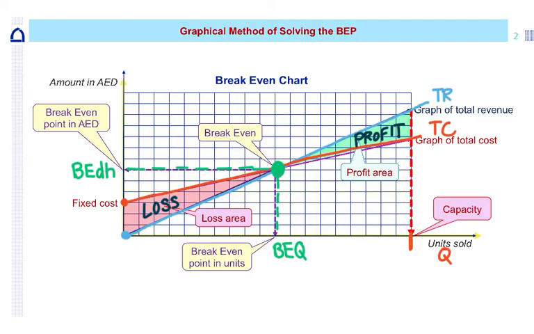So if they ever ask you what is the maximum profit, that would be if you sold everything in your store. You would look at the very end of the graph, subtract the revenue, subtract the cost, and you would find the maximum profit. So the maximum profit always occurs at the full capacity when we sell everything we possibly can in our store. Okay, let's go to the next slide.